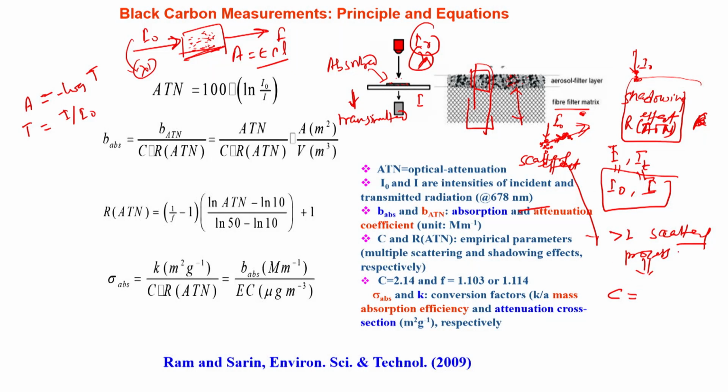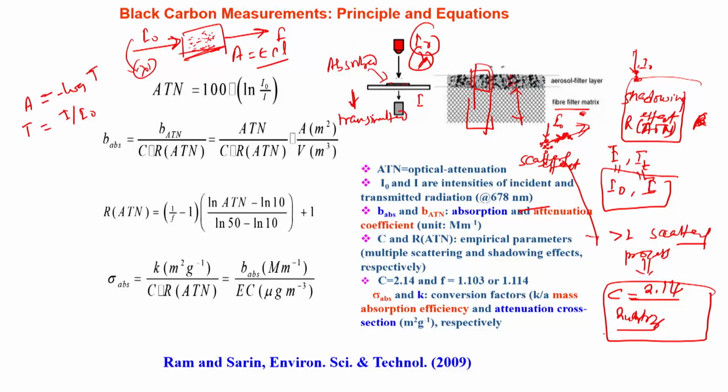C is usually more than 1 because the radiation scatters with more than one particle, and typically the value we use for a quartz filter is C equals 2.14.